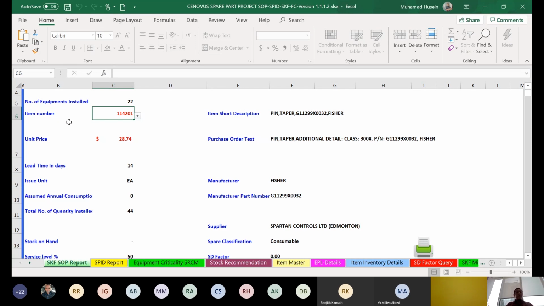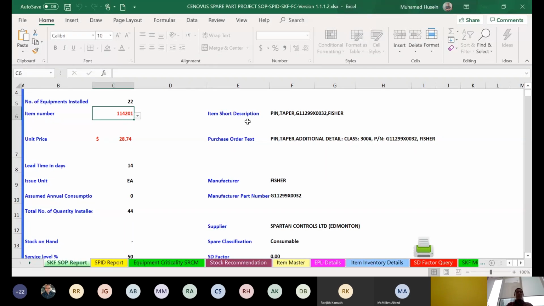The item number represents the item code. Okay, so the number of equipment installed means the number of equipment operated at this customer. So we have a lead time, we have an issue unit, we have the quantity installed in each equipment. That means each equipment has two of this item.